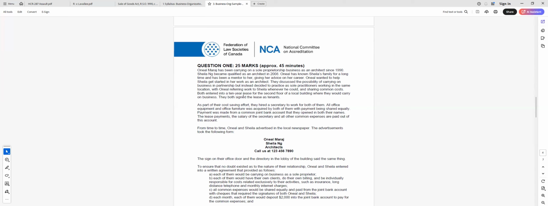Both entered into a 10-year lease for the second floor of the local building. But do you see, here, with whatever basic knowledge we have, we can see that they're running as two different sole practitioners. They are not partners.